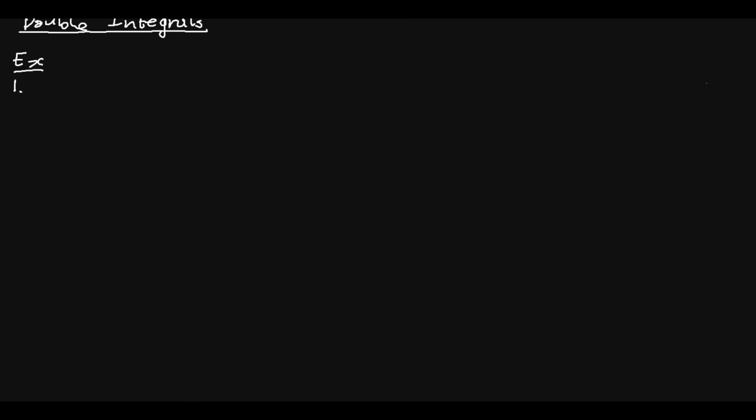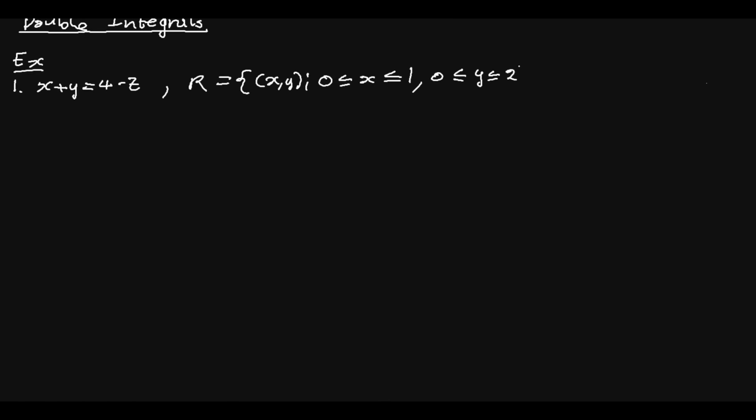It says: find the volume of the solid bounded above by the plane x plus y is equal to 4 minus z, and below by the rectangle R, where 0 is less than or equal to x, less than or equal to 1, and 0 less than or equal to y, less than or equal to 2. Right, so this is the question.